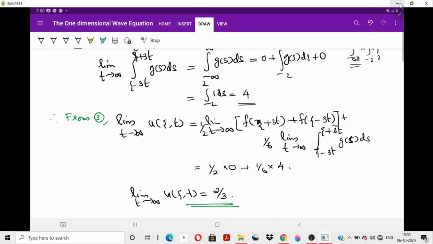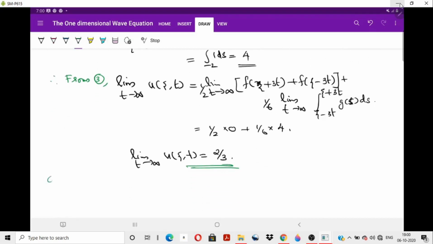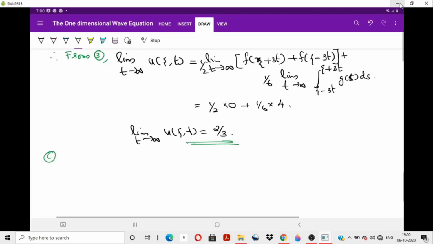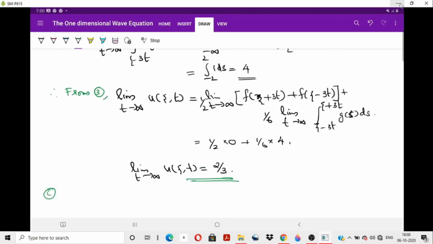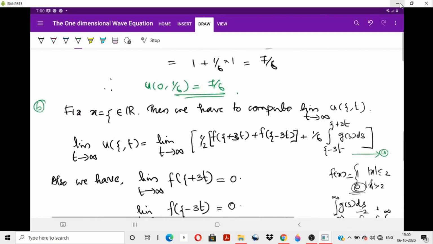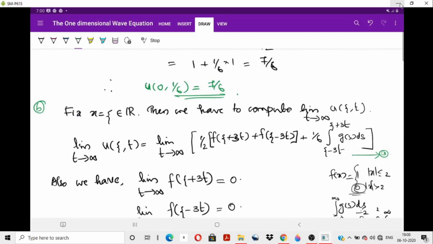Okay, now we do the C part. In the C part, we have to find the maximal value of u of xt and the points where the maximum is obtained. For the solution u of xt, there are two functions, small f and small g.